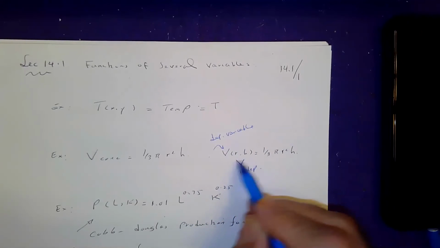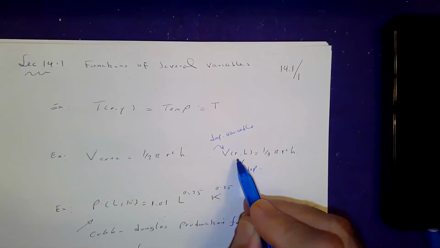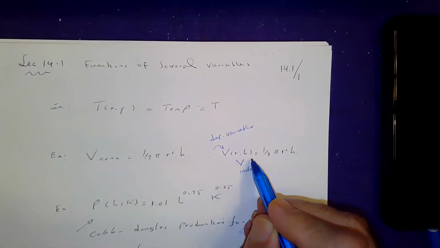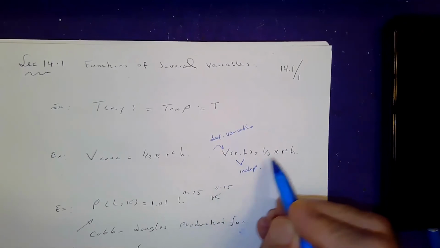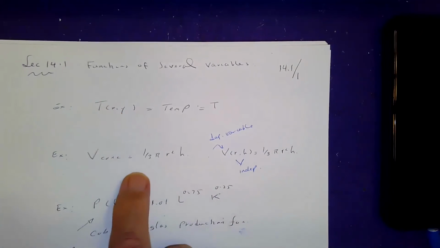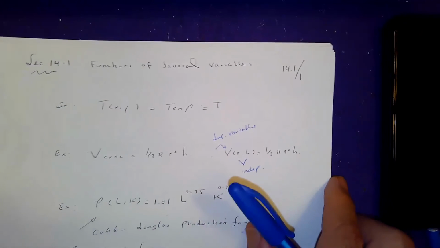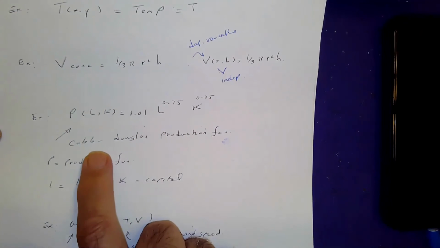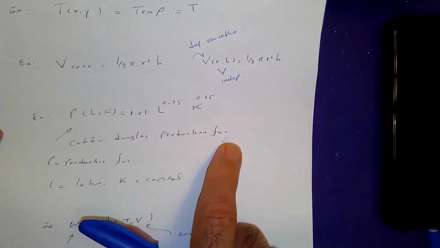In general, this is known as a function of two variables, because we have two independent variables, and the volume depends on these variables. This guy is a function of two variables, and this one is known as the Cobb-Douglas production function.